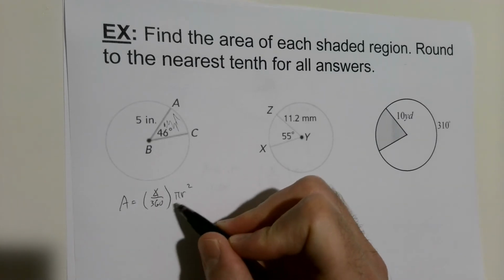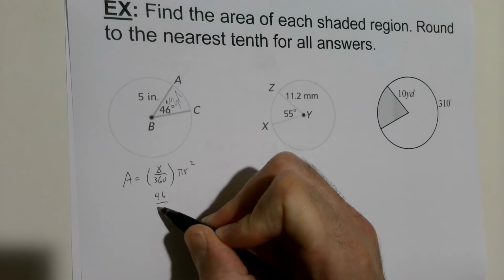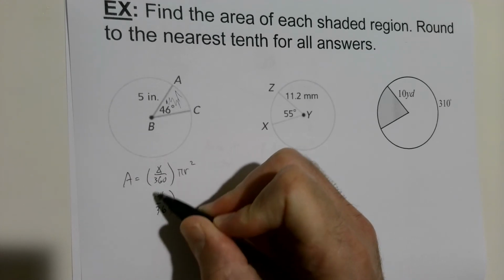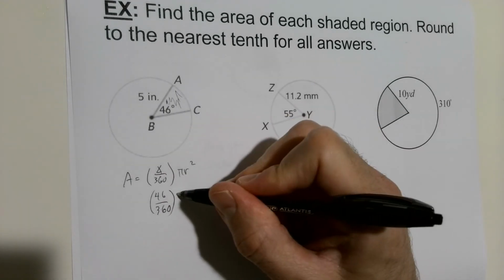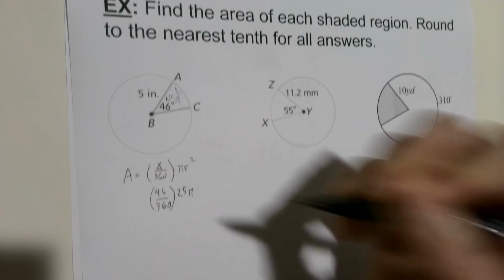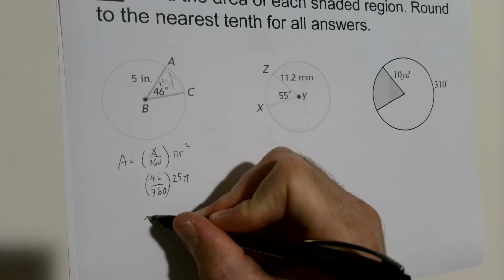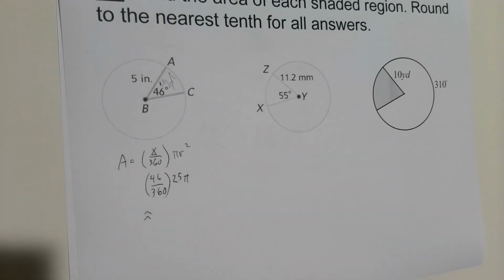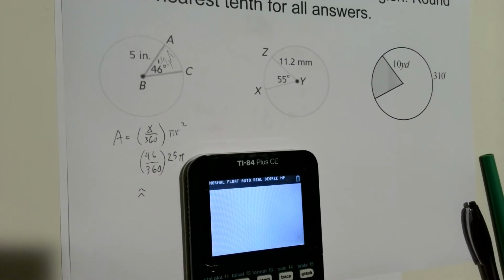So angle over 360 times pi r squared. It's going to be 46 divided by 360 times the radius, which is 5, squared, so that's going to be 25 pi. And once you write this out, now it's calculator time. Go ahead and plug that in.